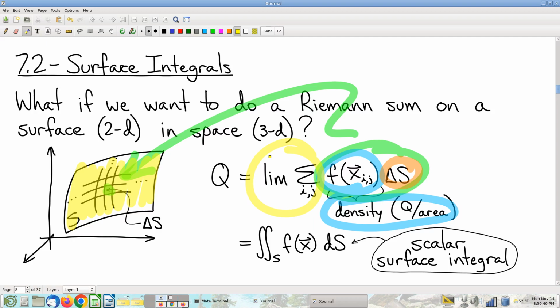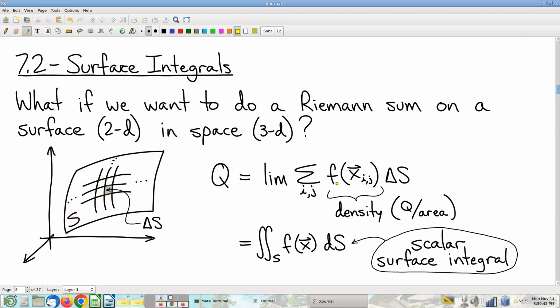Okay, so as usual, notation. I think that notation's pretty plausible, pretty familiar. We use two integral symbols because this is a two-index summation, because the surface over which we're adding is two-dimensional. And so here you go. There's a surface integral.